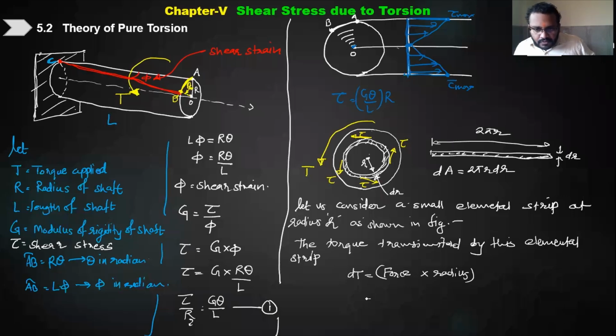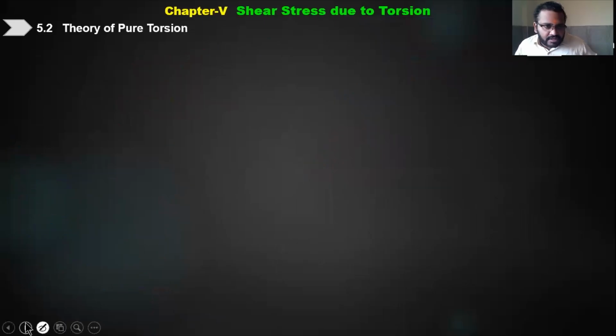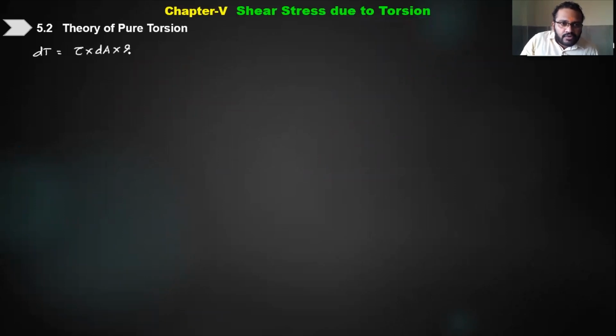So what is force? तो हमको फोर्स पता नहीं है, तो फोर्स क्या है? शियर स्ट्रेस मल्टीप्लाई बाय स्मॉल एरिया dA इनटू रेडियस, तो r है, वो स्ट्रिप का रेडियस तो r है. तो अब area का value हमें पता है, let us substitute that. So what is the small amount of torque which is transmitted? I'm going to the next slide because I don't have the time. So the very small amount of torque dT can be given by tau into small area into radius.